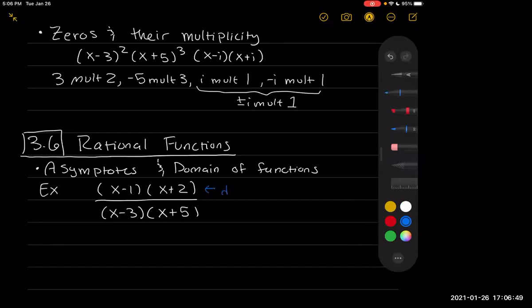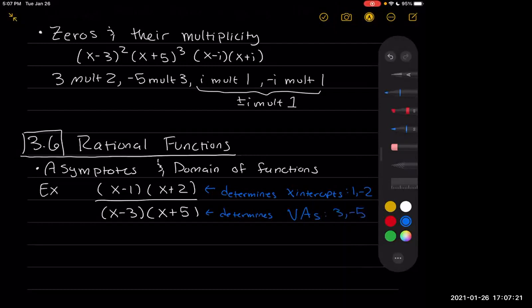The numerator determines x-intercepts, because our x-intercepts are 1 and negative 2, because they are the zeros of the numerator. The denominator determines vertical asymptotes. So here, they are 3 and negative 5.